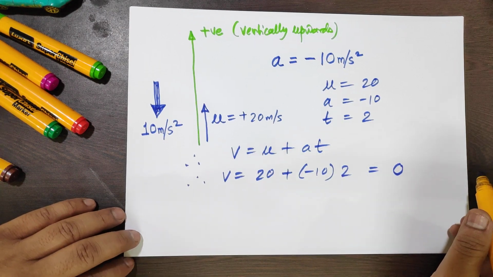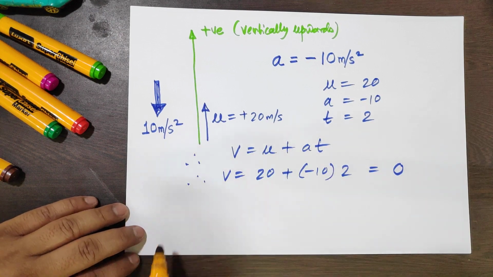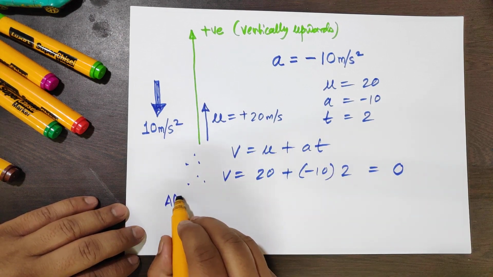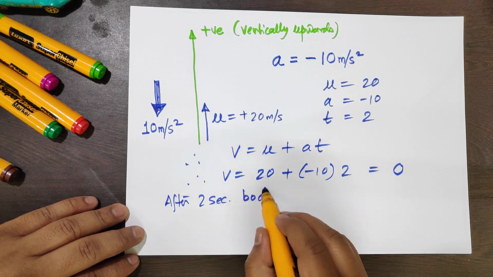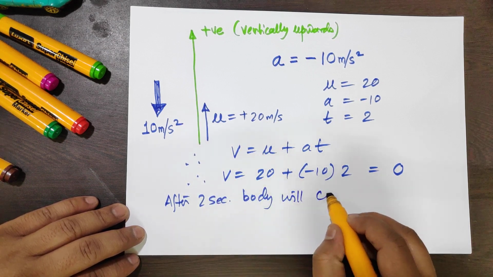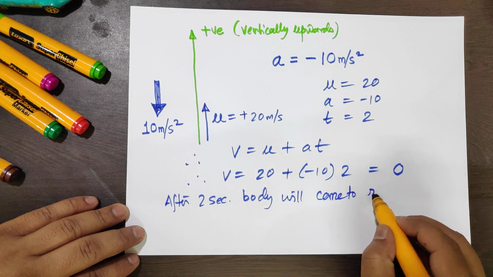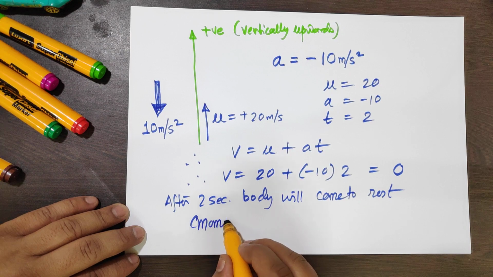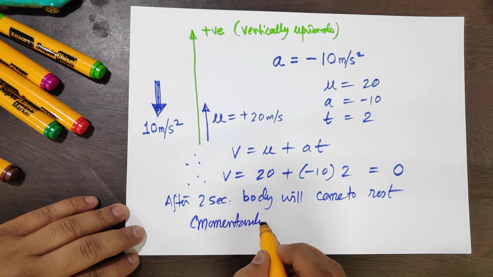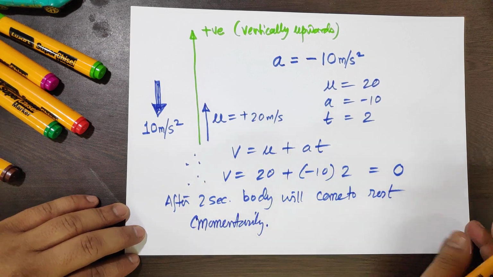So what is the meaning of velocity 0? That means after 2 seconds the body will come to rest momentarily, right?